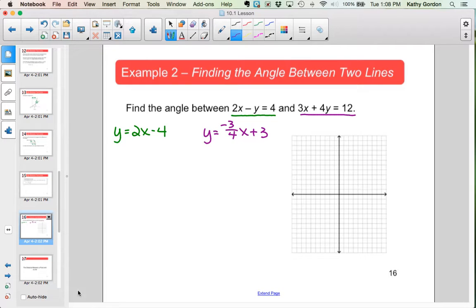All right, so I'm going to draw these up here quick just so we can see what we're dealing with. So negative 4, slope of 2. So kind of like that. And positive 3, negative 3/4.